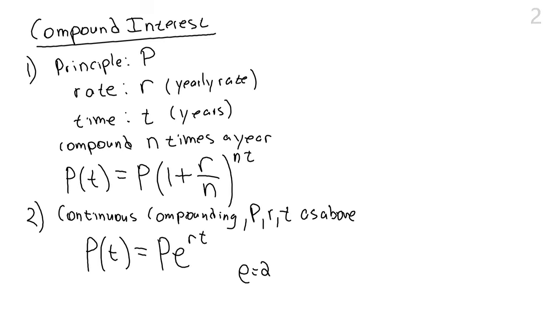It's a number with an infinite amount of decimal places, that is 2.71. You should have it on your calculator. If you don't, you can always just approximate this by putting in 2.71.